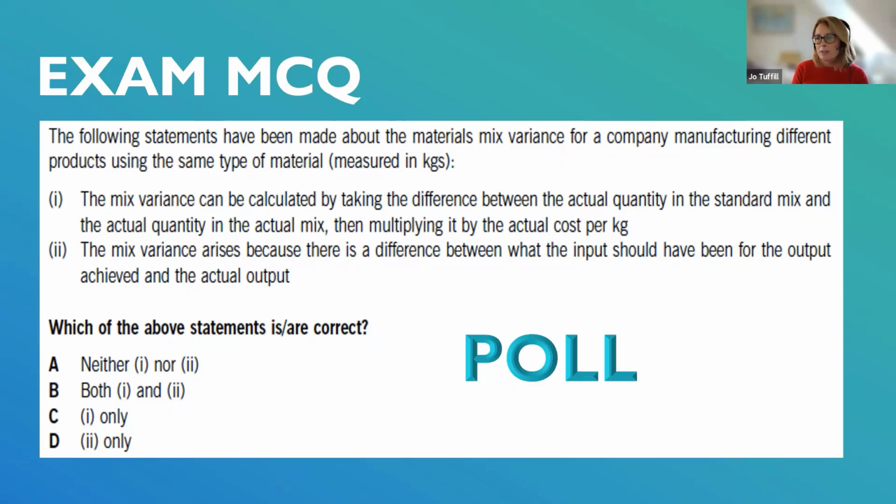The mix variance arises because there's a difference between what the input should have been for the output achieved and the actual output. So which of the above statements are correct? Neither, both, one only, or two only.